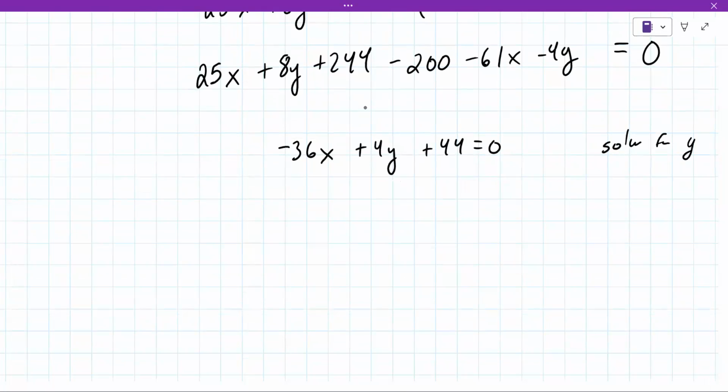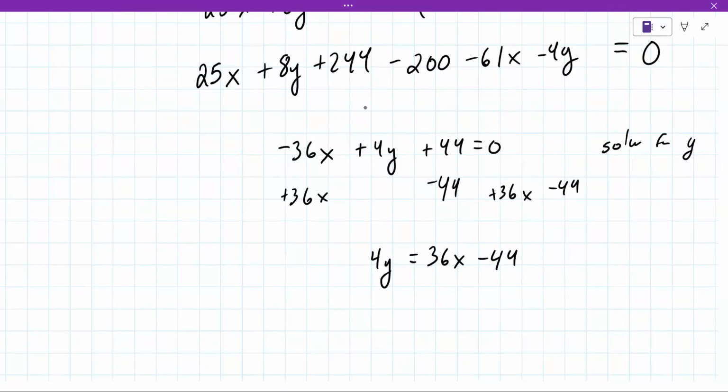So to do that, we're gonna move the 36x over to the other side of the equation and subtract the 44 to the other side of the equation. 4y equals 36x minus 44. And then you divide everything by 4.